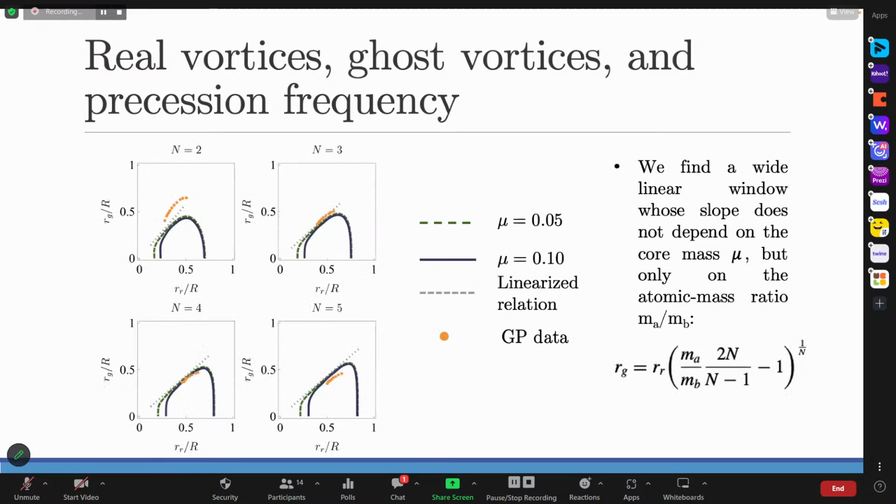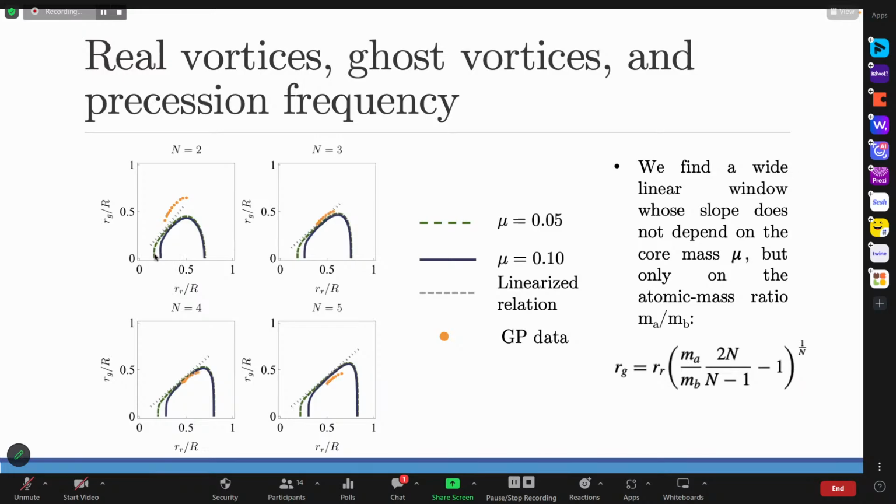And if we plot that equation for different values of n, so here we have n equal to 2, n equal to 3, 4, 5, for different masses, we obtain the following picture. So we have a very precise relation between the position of real vortices and the position of ghost vortices. Let's imagine tuning omega, which is the overall precession of the system.